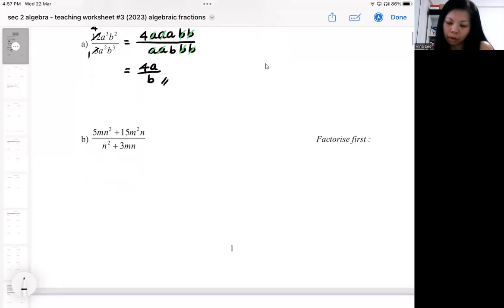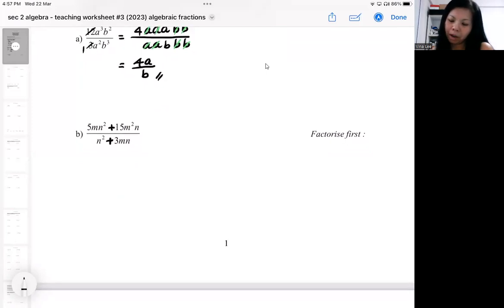This is the one that I mentioned. This is something plus something, which doesn't allow us to cancel. So I'm going to create the multiplication by factorizing. I will factorize the numerator first, using the method of taking out common factor.